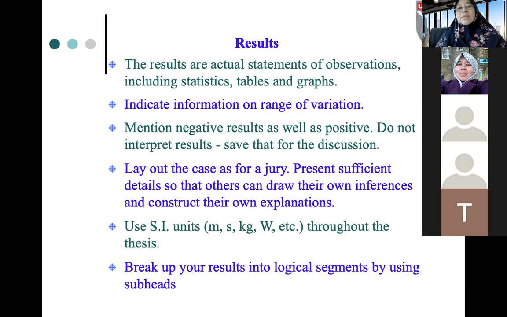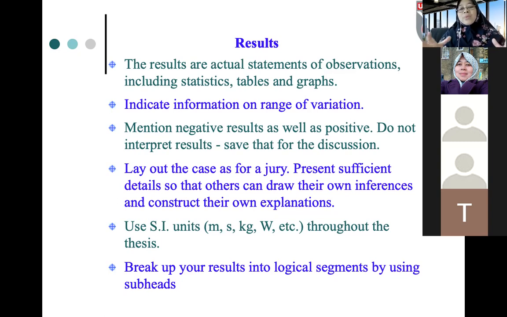But if you find that your results are a bit weird, okay, what do you do? You have obtained the data, but when you obtain the data, you do not have the output. You do not have the opportunity to think about the trend.